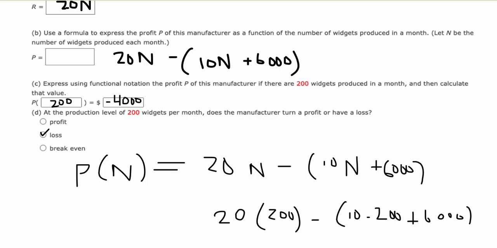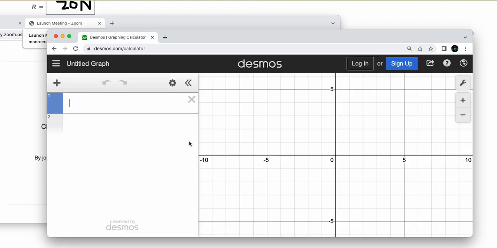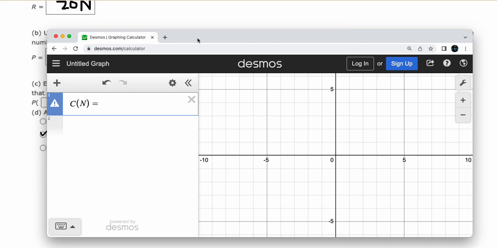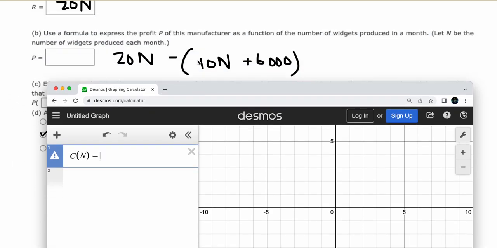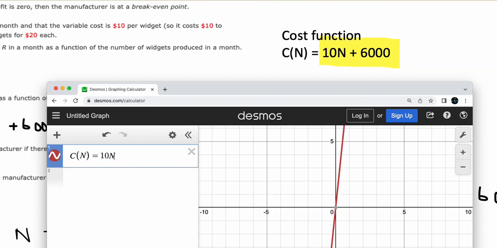Now we can graph these types of problems. So just go to Desmos. We want to be able to type in our cost, our revenue, and our profit. So the costs, I said, were going to be 10n plus 6,000.